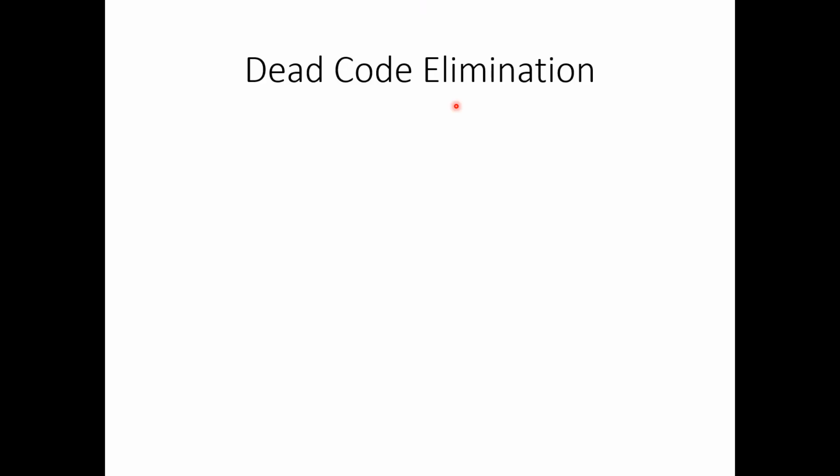But dead code is not code that executes redundantly, it's code that is useless, right? So useless code can either be code that I never reach, I never execute, or it could be code that I execute, but I never use its result. So that's also referred to as dead code.